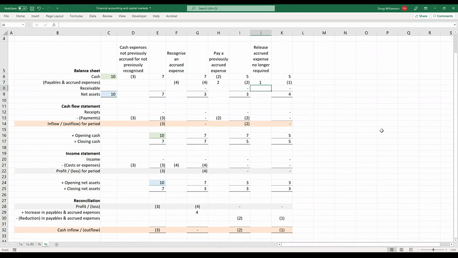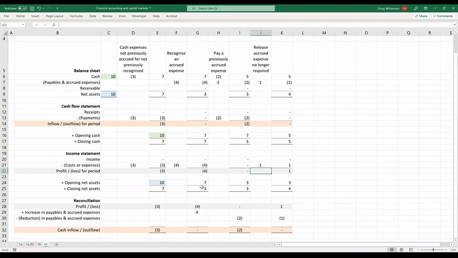This is an accounting entry. It's not a receipt or a payment. So there's nothing in the cash flow statement. Our expenses, with the benefit of hindsight, were overstated here. So we're going to have a negative expense, just like we had, if you remember, when the supplier gave us a credit note. It's the same concept, different figures. So we've got a negative expense.